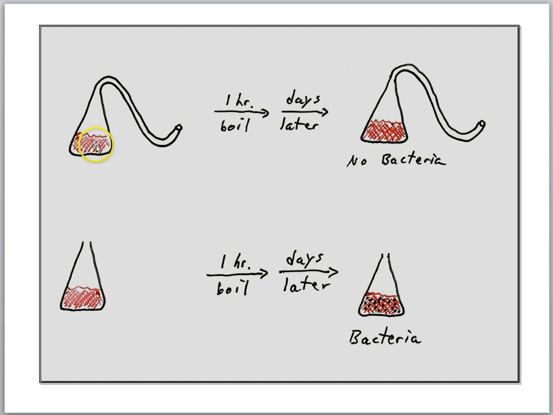No longer could the believer say the boiling procedure destroyed the vital force, because after all, new vital force should be able to get into the flask. So Pasteur began to persuade others that in fact bacteria can travel through the air. And this is the final understanding that we've come to in the investigations of spontaneous generation.